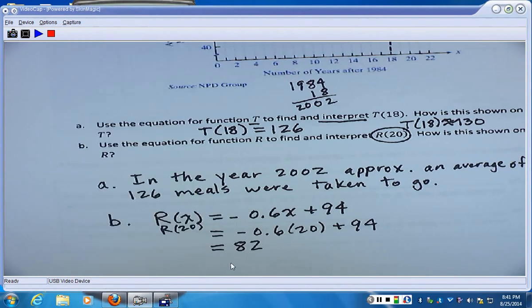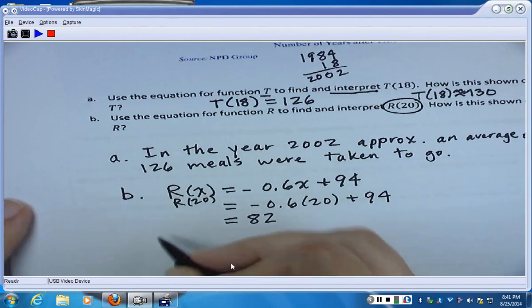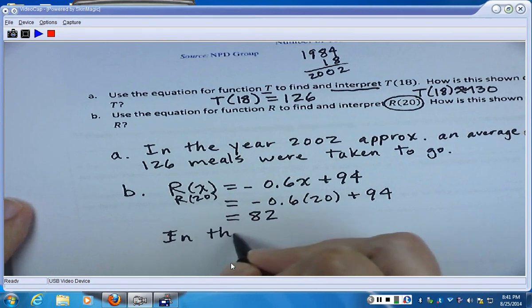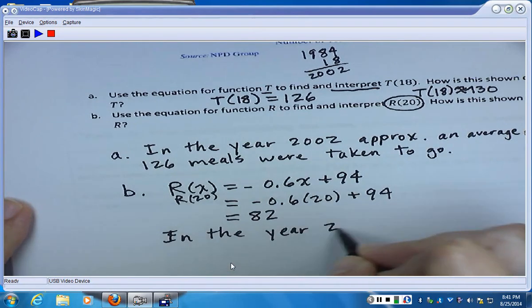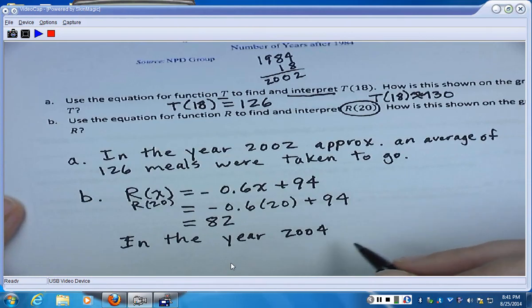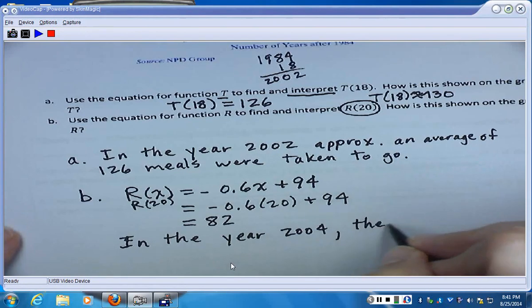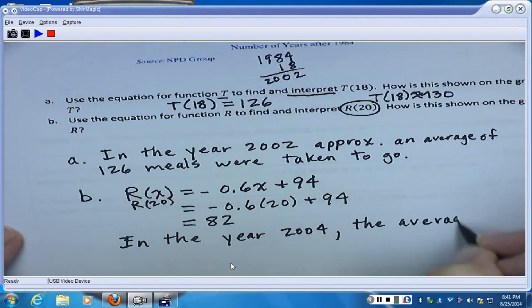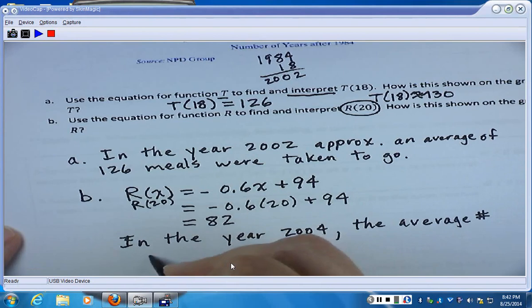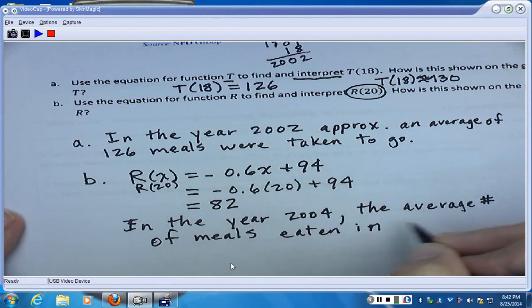Okay, so what does that mean? 20 would be 2004. So that means in the year 2004, the average number of meals eaten in restaurants was 82.